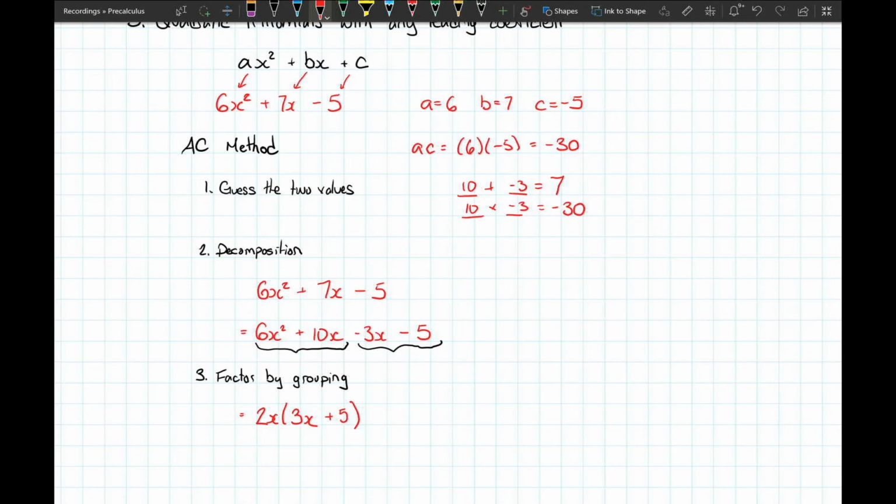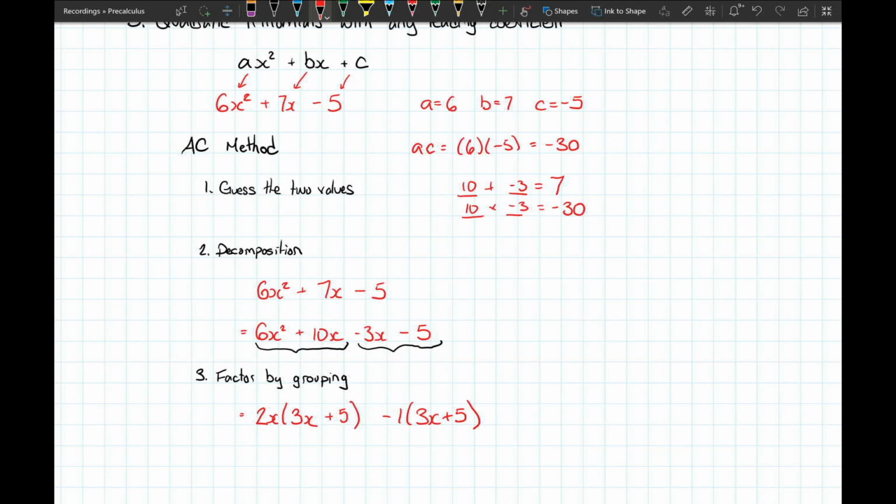Now, looking at the second 2 terms, it doesn't seem like there's very much in common between 3x and 5. There's always going to be one number that everything has as a common factor, and that's the number 1. So I can factor out a 1 from anything you want. But if I factor out a -1, then I can start to change those 2 negative signs into 2 positive signs. So if I factor out a -1, I'll end up with a +3x and a +5.